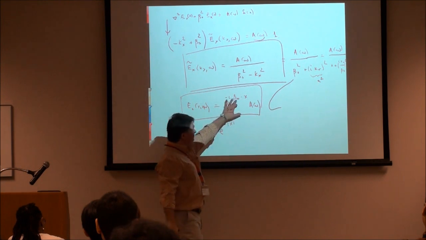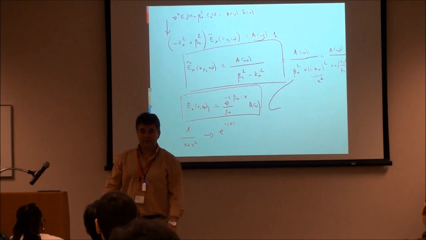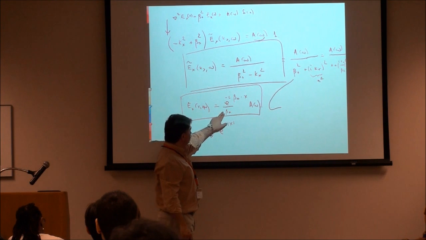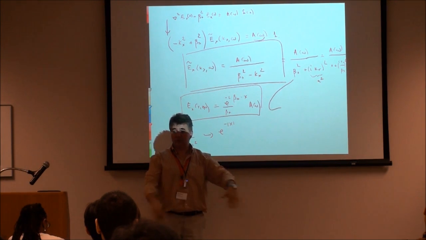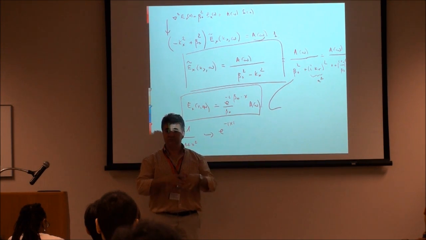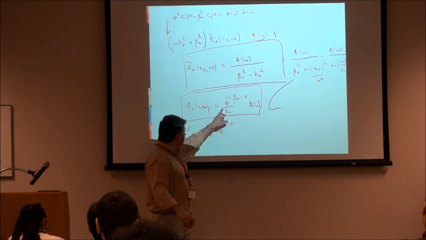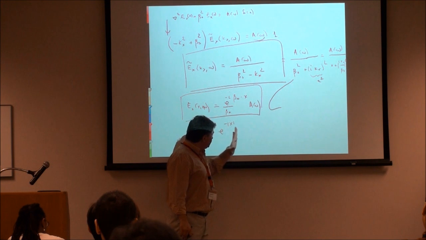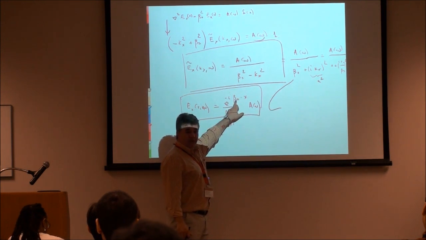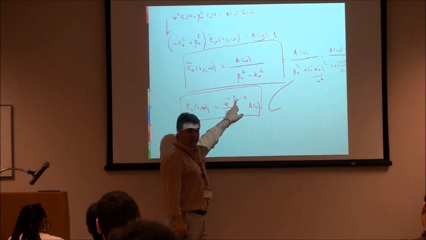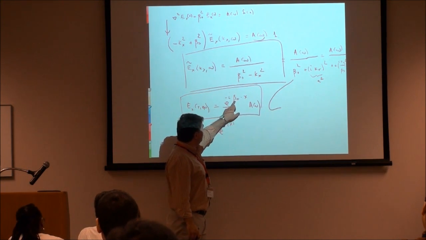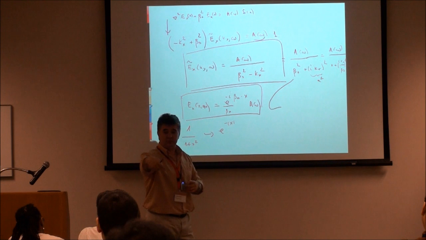Now, what is this? It's a field whose amplitude is constant as a function of x. Right? That's a plane wave right there. The phase of the plane wave as it propagates through x varies with the frequency beta naught. Spatial frequency beta naught. This tells you how many radians per meter you accumulate.